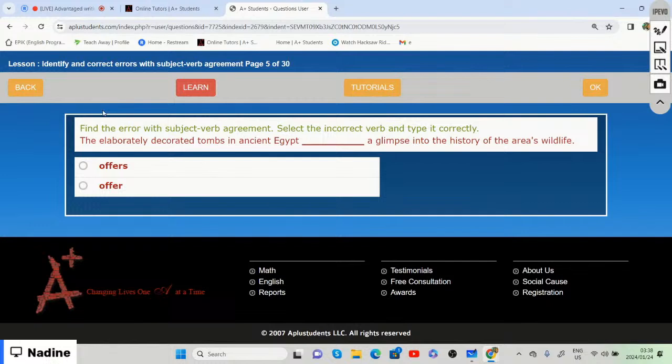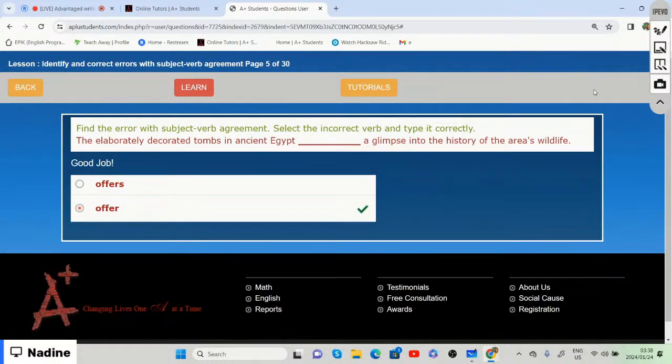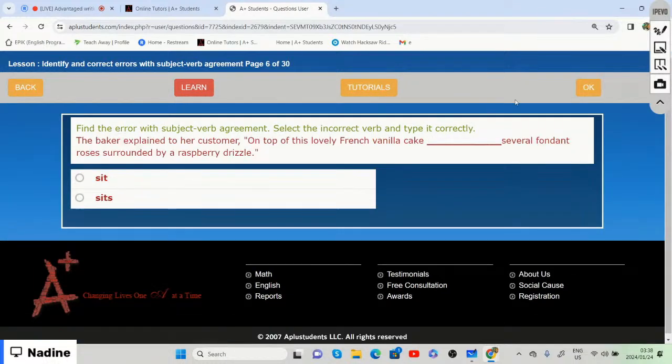So we can say that it offer a glimpse into the history of the area's wildlife. So offer is correct.